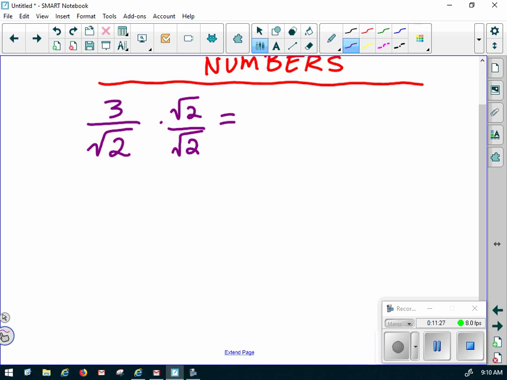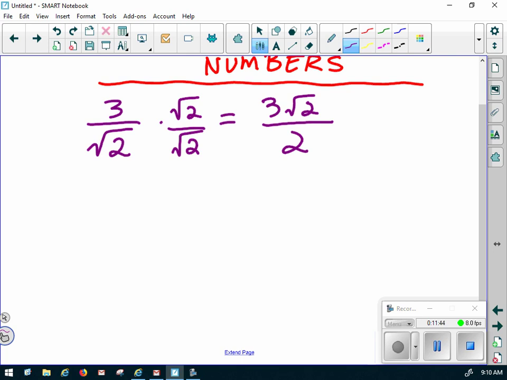So what's the top? The top is 3 times the square root of 2. What's the square root of 2 times the square root of 2? Square root of 4, which is 2.